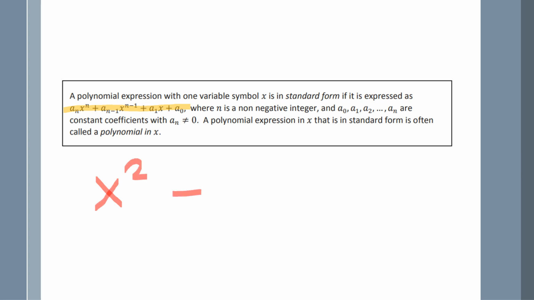Or if you haven't, this is your first time seeing it. So you have something that looks like this. Notice how the powers decrease from 2 to 1 to 0. And what type of function is that?